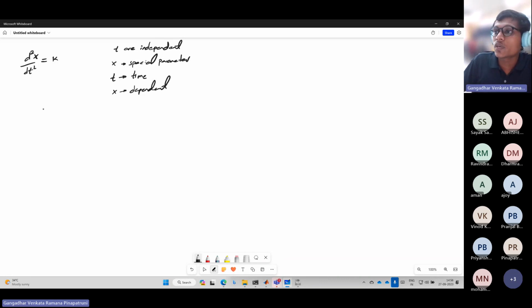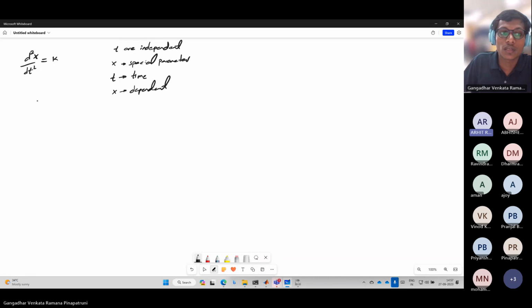So what is meant by d square x by dt square? Can anyone tell me then? Sir, x is like displacement or anything? Yes, x is the spatial coordinate, the position vector.